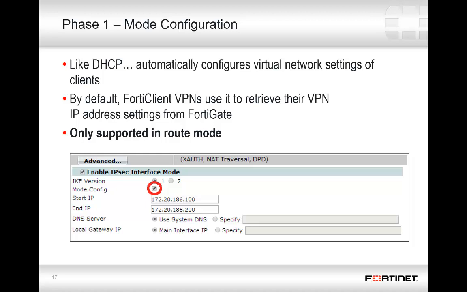Like DHCP for VPNs, mode config automatically configures the client's network settings. Like with DHCP, you define a range for the pool of VPN virtual IPs, the DNS settings, and the client's gateway router. Remember, these settings are all for the virtual network, not their local LAN, so they'll usually be different.